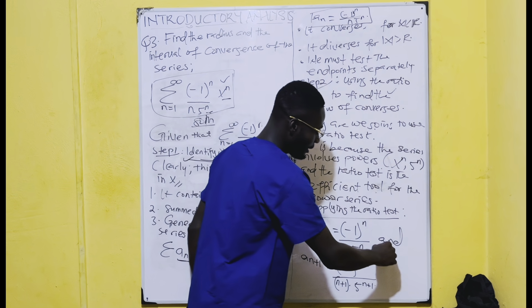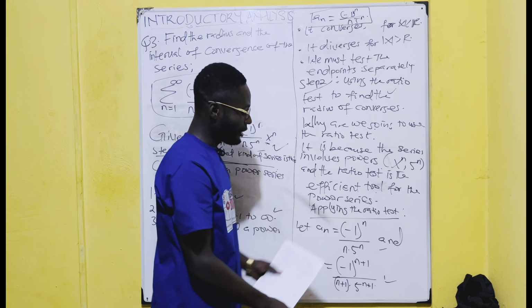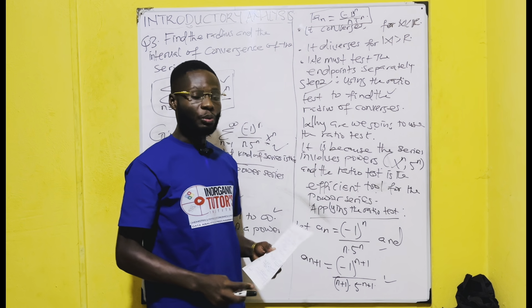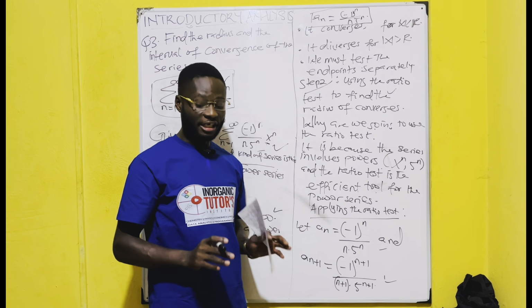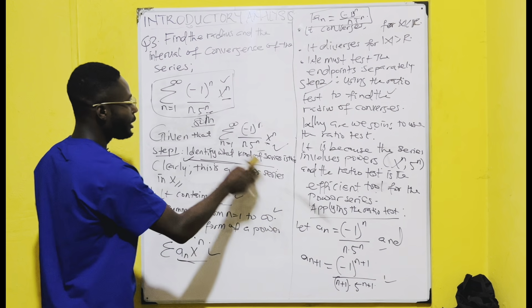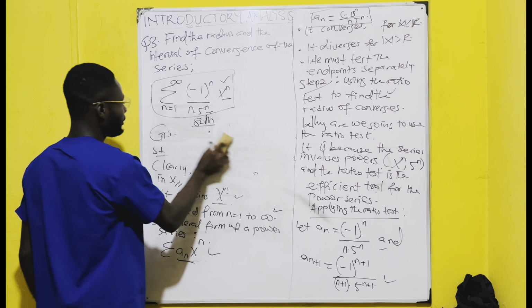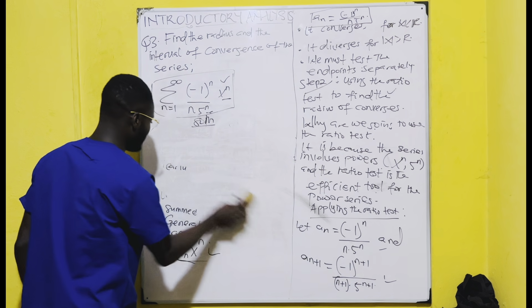So this is our a n and this is our a n plus 1. So we are going to follow the process and it's going to make the work so easy. Let's go ahead and see what we can do.